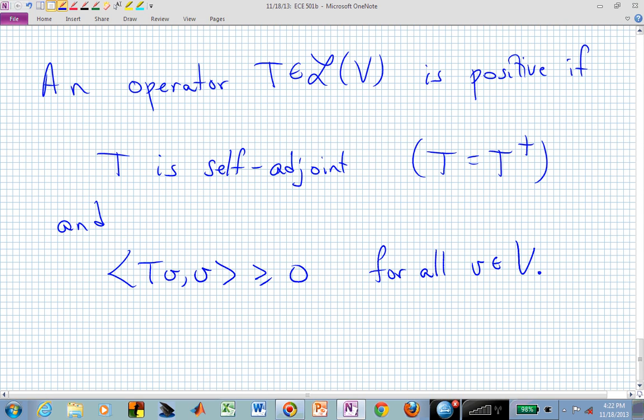That's the definition of an operator being positive. It needs to be self-adjoint, and the inner product of Tv with v is non-negative. Then we have a positive operator.